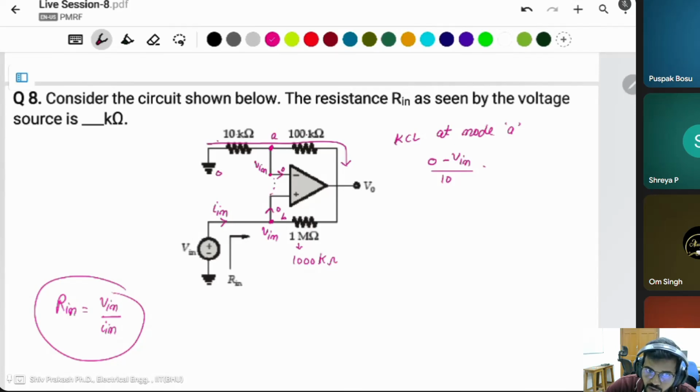That is equal to Vin minus Vo, this current, divided by 100K. This is minus 10 Vin equal to Vin minus Vo. Then you can say Vo is equal to 11 Vin.